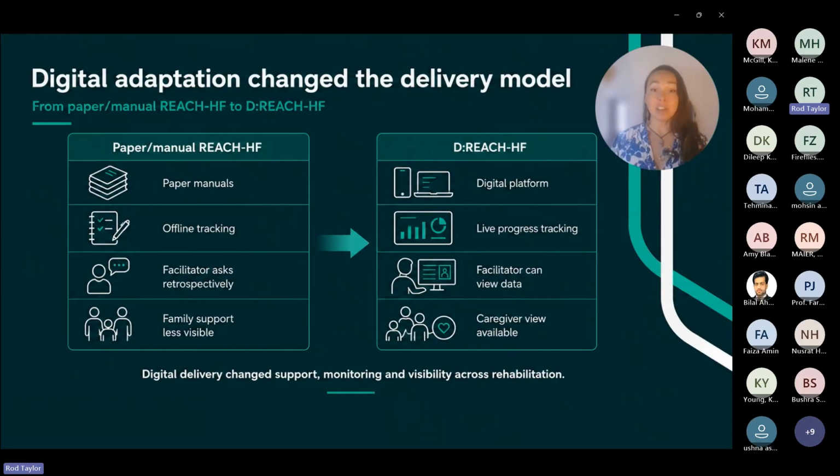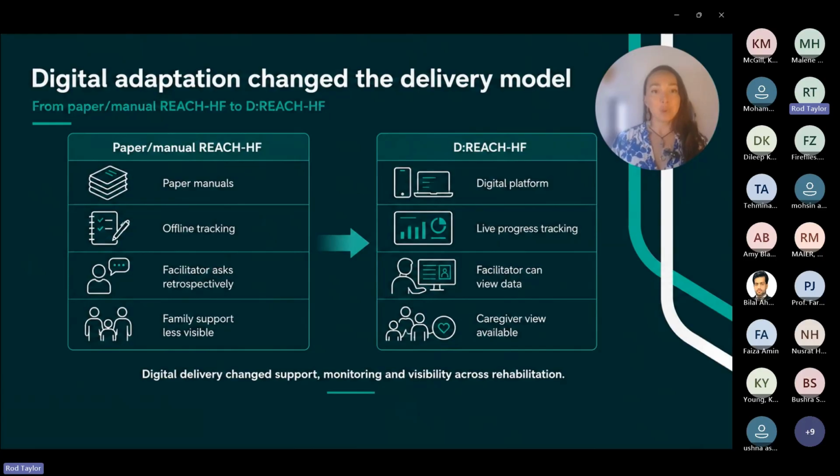In DREACH-HF, content was delivered through a digital platform, self-monitoring could be entered and reviewed, and facilitators could view patient-entered data remotely. Caregiver involvement could also be supported through a caregiver view. That changed what was visible, when it was visible, and how support then could be tailored.